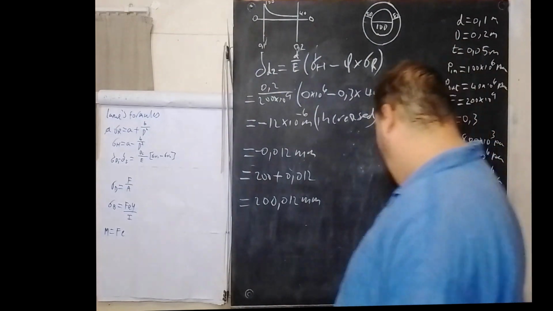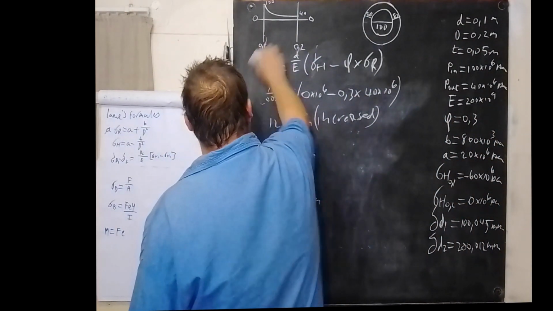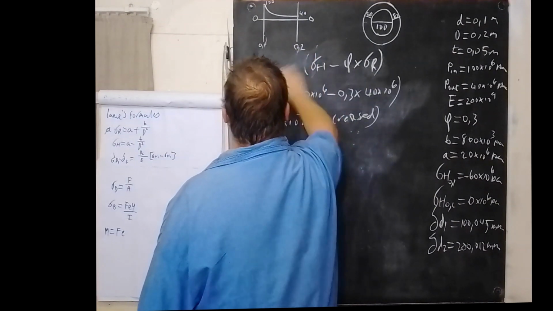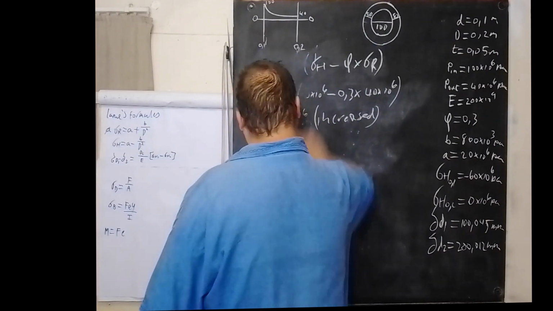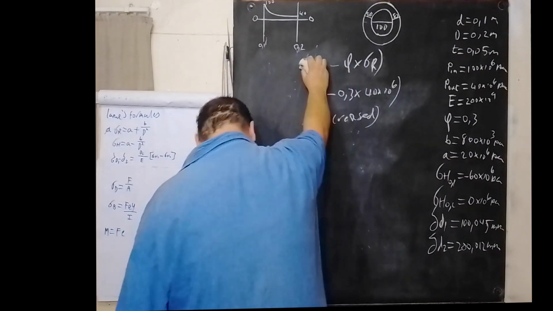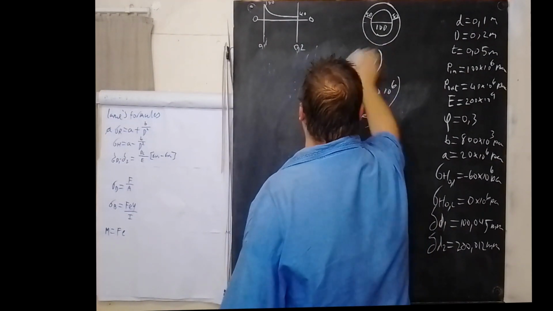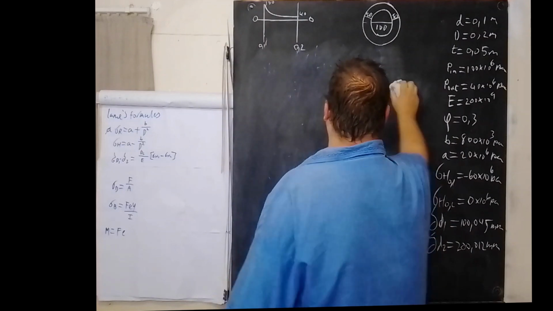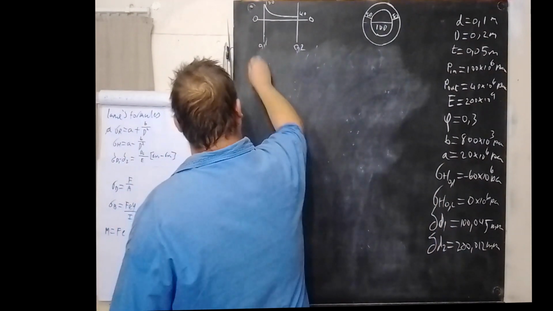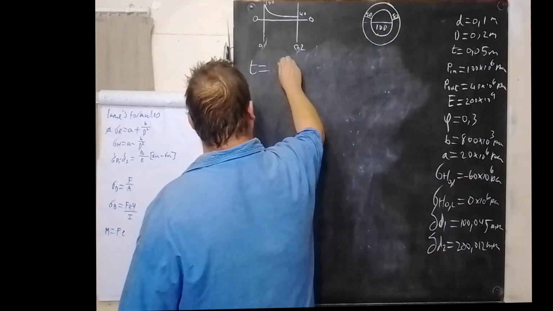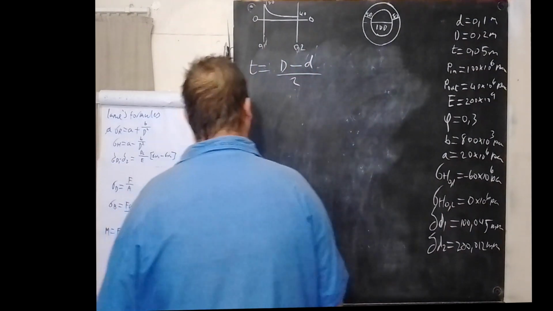Now our final sum is 1,4. They want us to find the resultant thickness of the cylinder wall, which is quite simple to do. All we have to do is one little formula: thickness equals D2 minus D1 over 2.